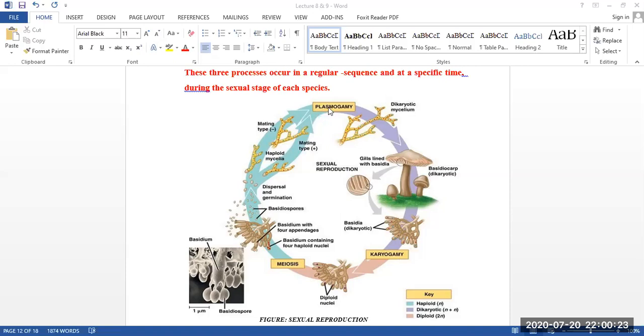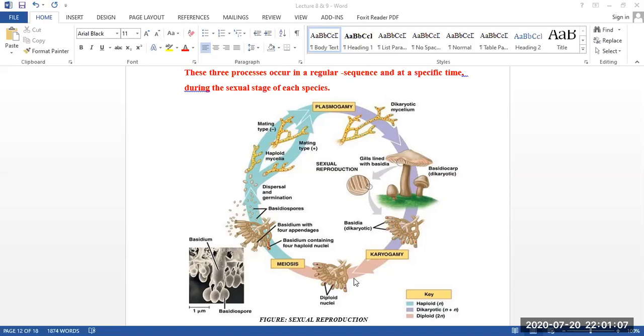Then we say it goes to the karyogamy process. In lower fungi, karyogamy happens immediately after plasmogamy, but in some higher fungi it happens some time later. In the karyogamy process, the nuclei fuse and become diploid. The basidiocarp produces the fruiting body from that mycelium, and then it goes through karyogamy, until the nucleus becomes diploid.